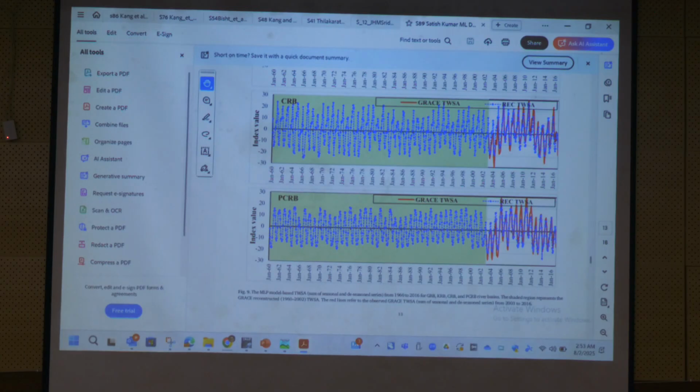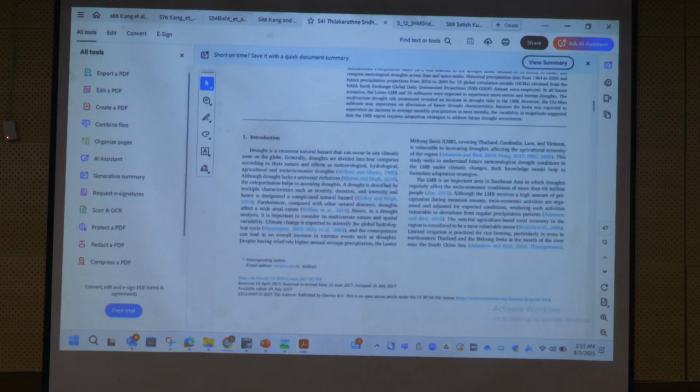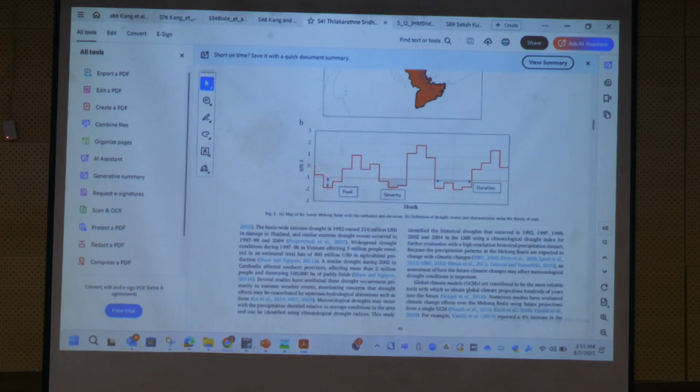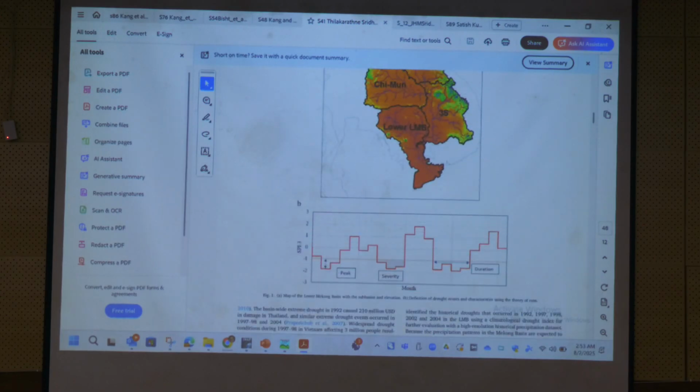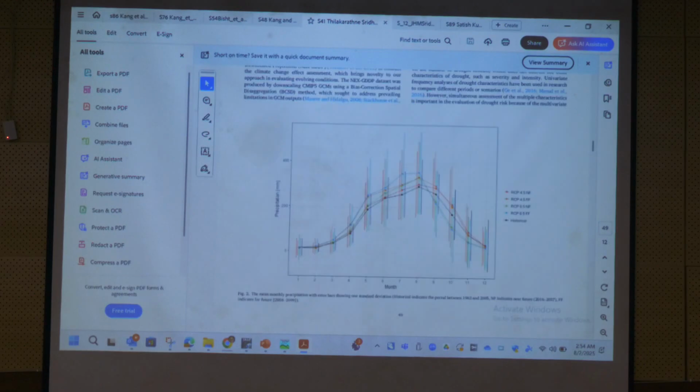What I have done, and this paper is one of the highly cited papers that I was talking about, on the Copula based approach. Some of you asked yesterday also about the parameters to use. We define all of those things here: peak, severity and duration, and of course this is based on the run theory that we talked about.